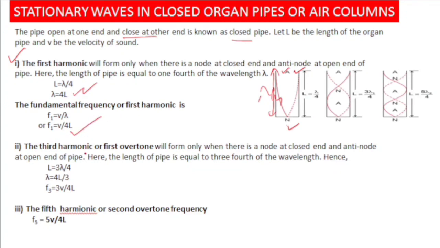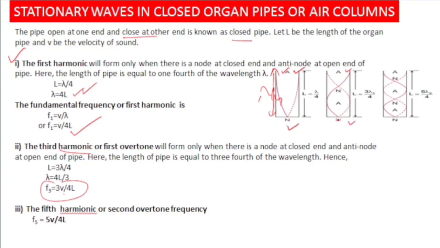In the same way, the next mode of vibration, and this is called not the second harmonic, but the third harmonic. Why? Because here we get a frequency 3 times this fundamental frequency. That's why it is called the third harmonic or first overtone. In this form, always at the closed end a node is formed and at the open end an antinode, right?